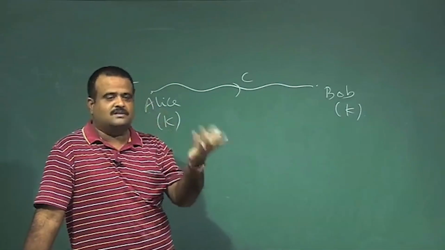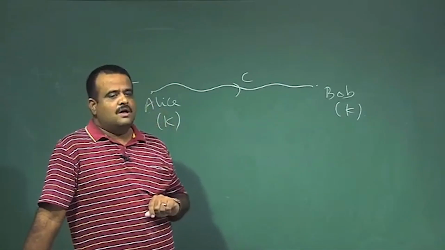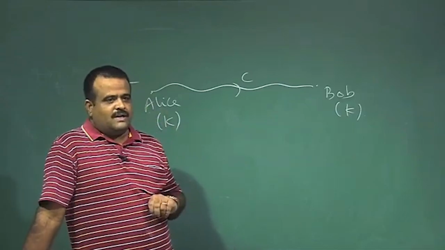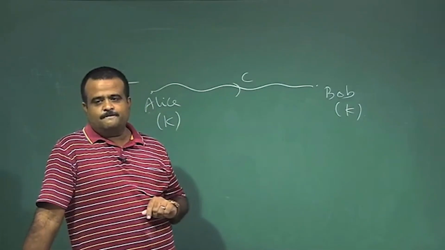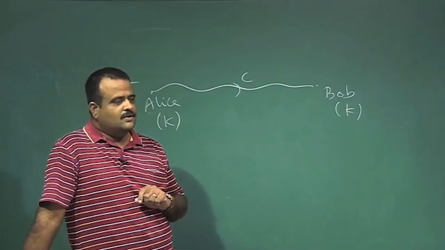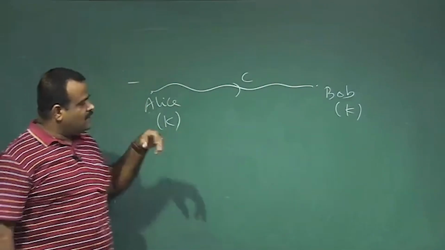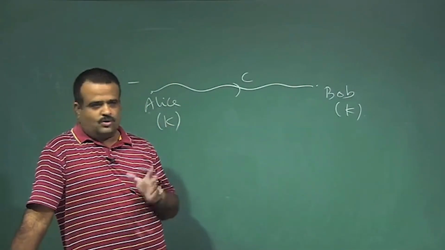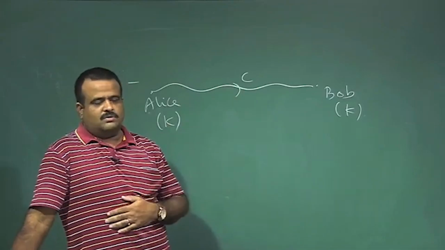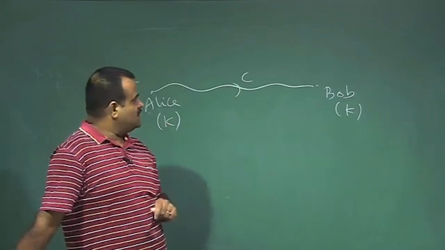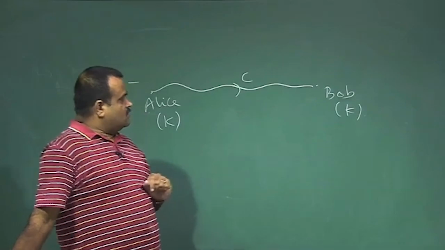They cannot say this is the key we are going to use. So this is one difficulty: how can they share this secret key? This can be solved by the Diffie-Hellman key exchange protocol. We'll come to know what that is in a minute. So this is one disadvantage.